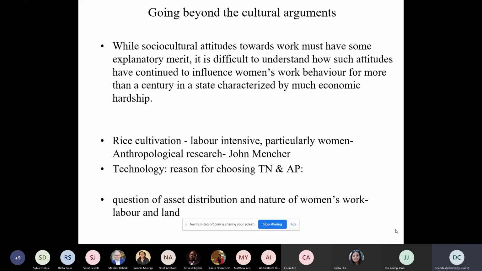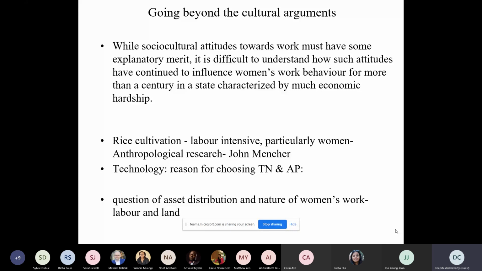But my difficulty with this argument is this: how can a cultural practice sustain over a long period of hundreds of years in a state which has gone through several economic distresses, such as, say, partition? Partition, as you all may know, is one of the most serious economic distresses that some parts of India have gone through.